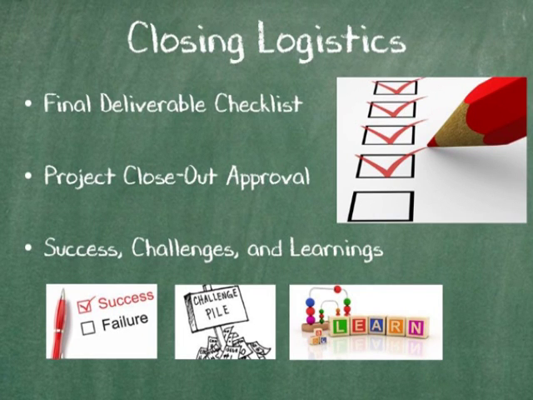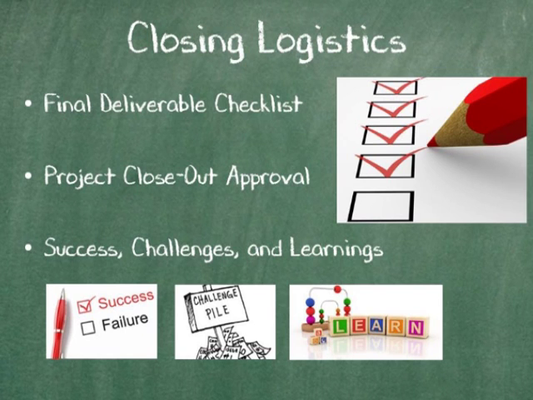In closing any project management plan, there's some important things to remember. Having a final deliverable checklist says that all of the work packages and items determined at the beginning of the project management plan are completed.